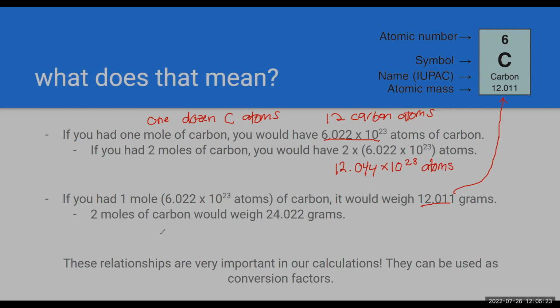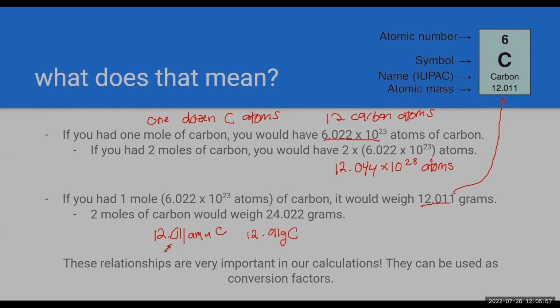So what I can do here is write the atomic weight of 1 carbon atom, which would be 12.011 AMU. And if I had 1 mole of carbon, 1 mole of carbon is going to be equal to 12.011 grams of carbon.